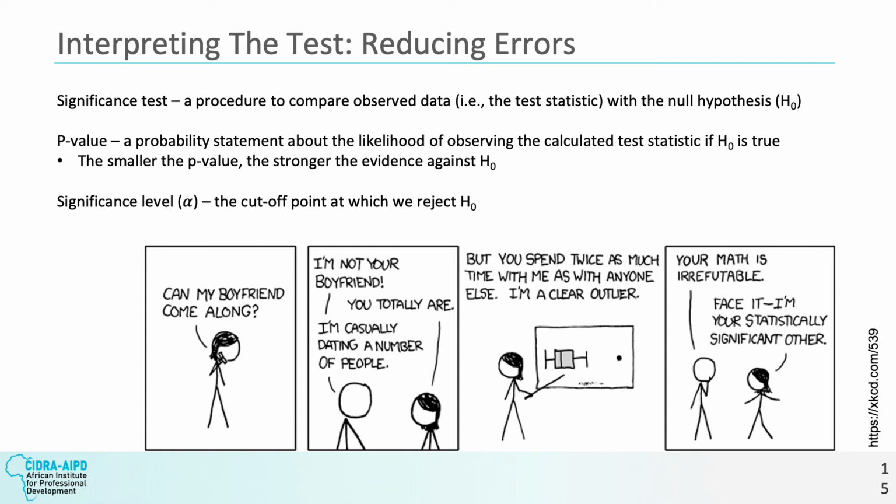Let's consider the XKCD cartoon here. Aaron says that he is dating a number of people, and that while he might see one person more than the other, it is due to random chance. So Marcia may be studying for exams this week, so he spends more time with Felicia and Tanya. But over time, he claims that he spends the same amount of time with all the women.